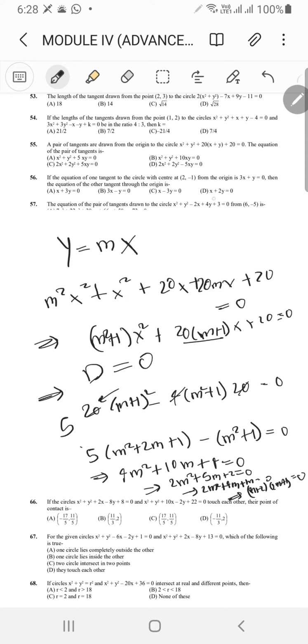Nice. So either m is minus 2 or m is negative 1 by 2. So it's like 2x plus y equals 0 or 2y plus x equals 0. Nice. This is correct. And yeah, that's it.